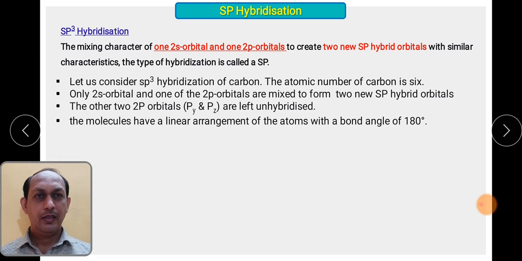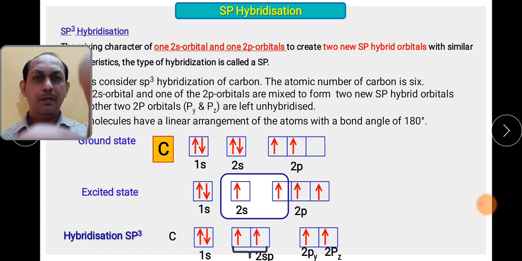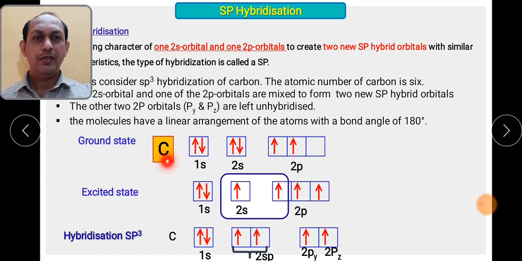In hybridization, the first step is the excitation of an electron. Due to the excitation, unpaired electrons are observed, equal to the valency of that atom. In the case of carbon, with atomic number 6, the electrons are distributed as 1s2, 2s2 and 2p2.